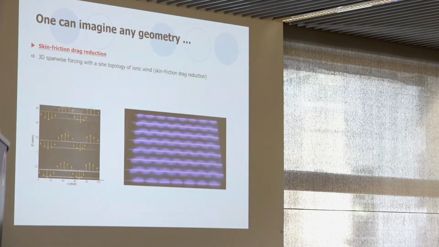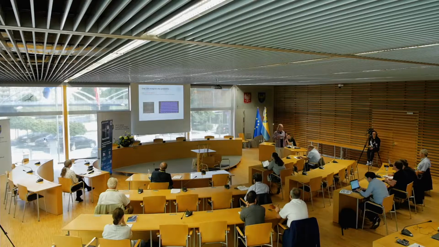What is very interesting for a few years on this topic is that we can imagine any geometry. Up to now, I have shown you only a two-electrode geometry, but the spatial distribution of the produced force can be modified with the electrode geometry. For example, here we have 3D spanwise forcing with a sine topology of the wind.